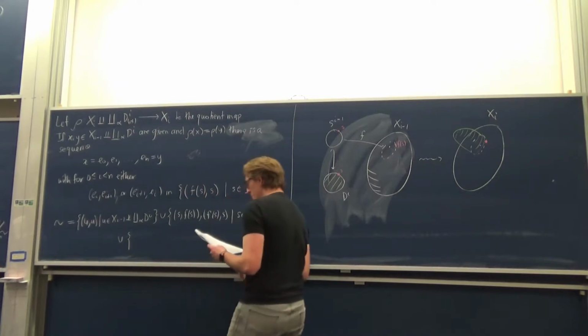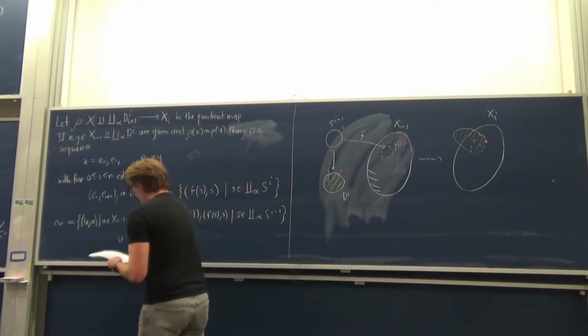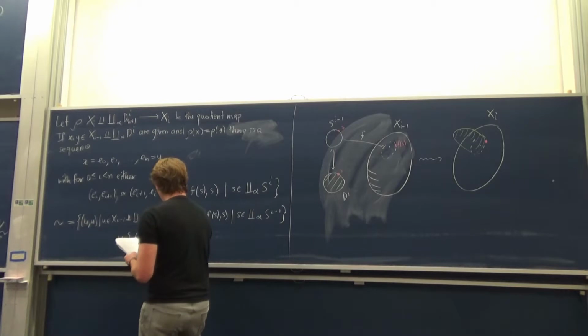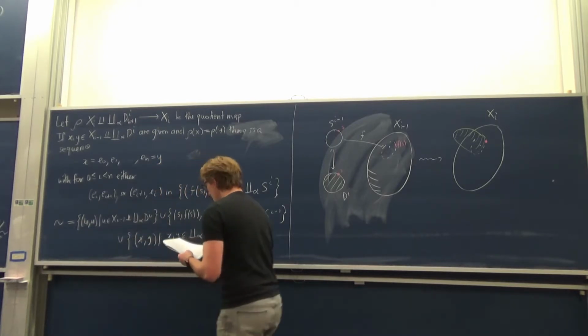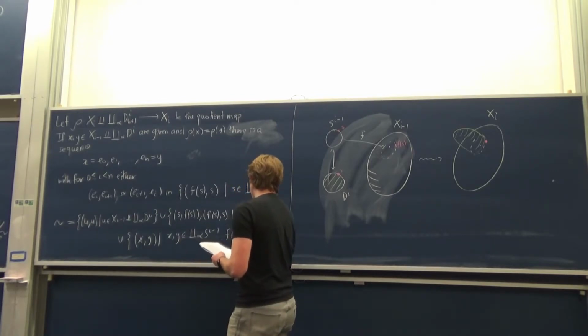And then there are some two-step consequences, of the form (x, y) where x and y are both on the boundary of the disk and are sent to the same point by the attaching map.